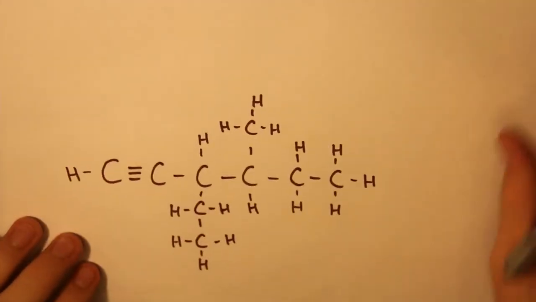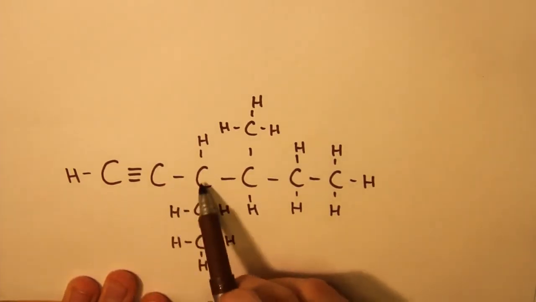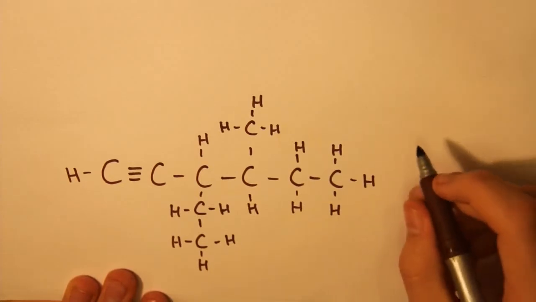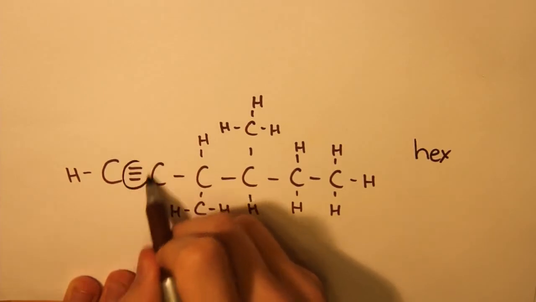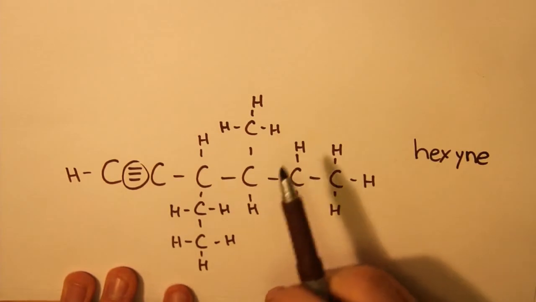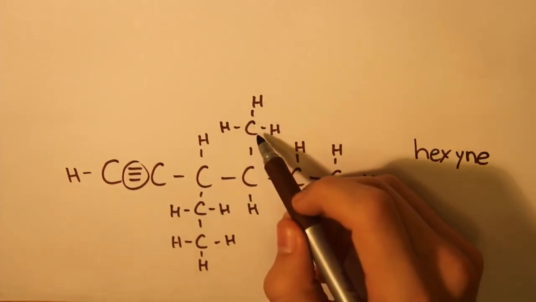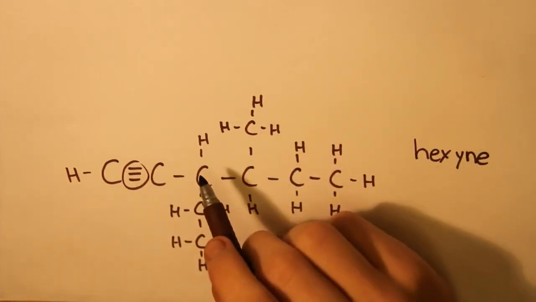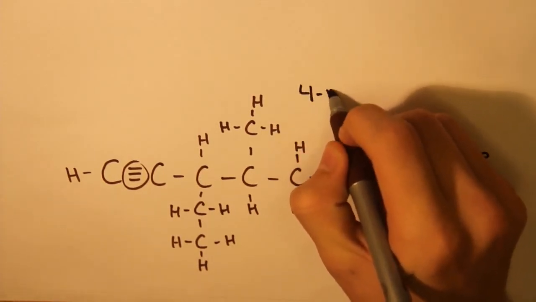Alright, we are going to check out this big monster here. Straight away, we're going to count the C's. So 1, 2, 3, 4, 5, 6. 6 C's. That means it's going to be hex. And because we see the triple bond right here, we're going to write in yne. Now, we take a look at this thing right here. This is 1, 2, 3, 4. This here is a methyl. So we'll write out 4-methyl.